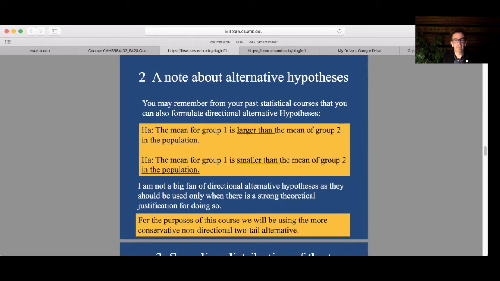You need some theoretical justification for making a claim that one should be bigger than the other one. And so it's better to be more conservative in these things and use a two-tail test, in which your alternative hypothesis is always that the means are different. We don't know if one's going to be higher than the other one. They're just different, right? That's the more conservative alternative hypothesis.